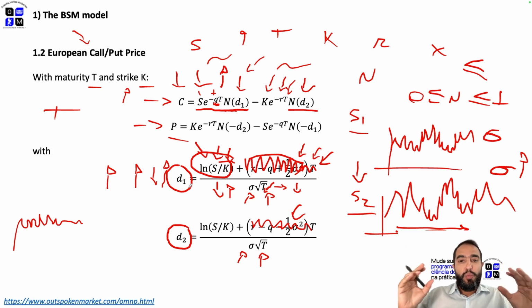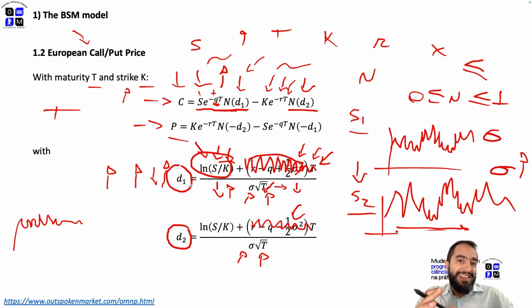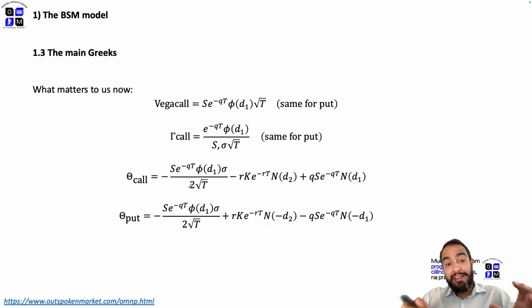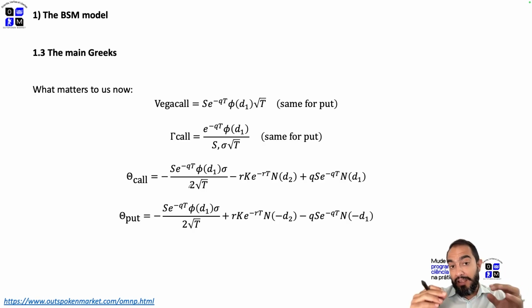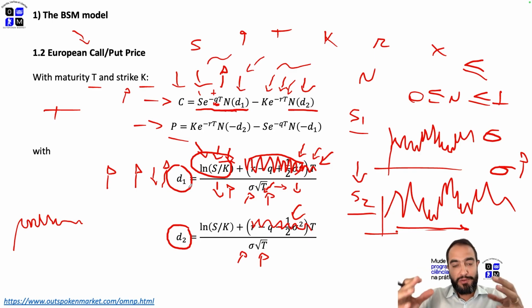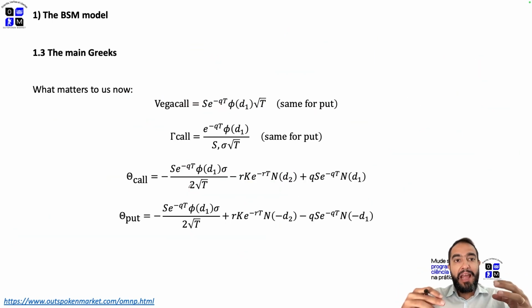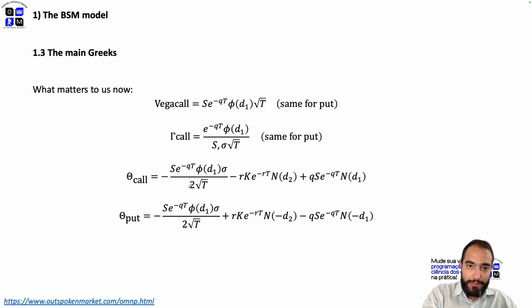Why is this intuition about volatility and the time to expiration so important? Because that helps us to understand the main Greeks, the small components or the subparticles of the model that help to drive the price of the options as well.